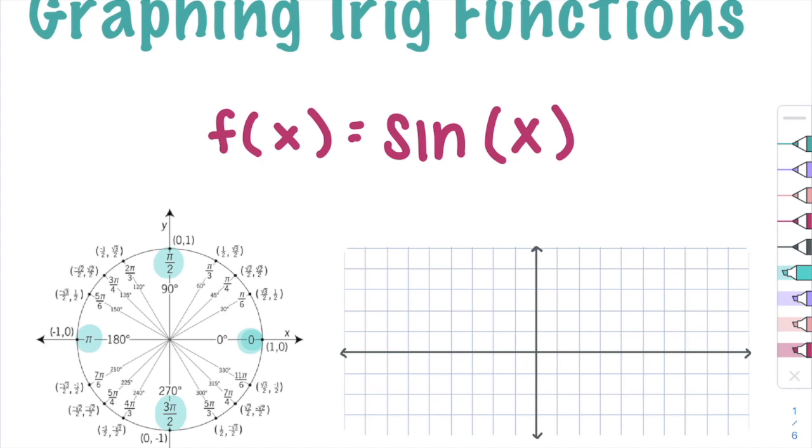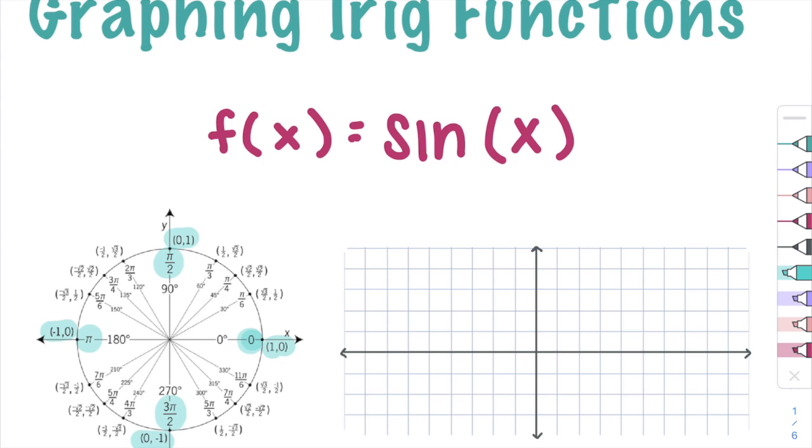The reason I'm going to use those is because if I look at those coordinates, I have 1, 0, 0, 1, negative 1, 0, and 0, negative 1. Personally, I'd prefer to graph numbers like 0 and 1 versus trying to graph something like the square root of 3 over 2. So I'm intentionally going to pick those points, plot them, and connect the dots to get my picture.